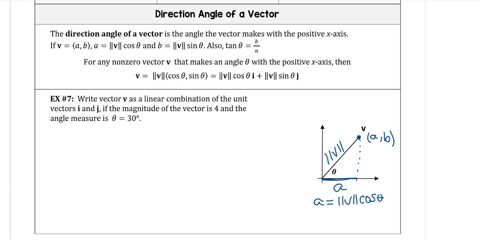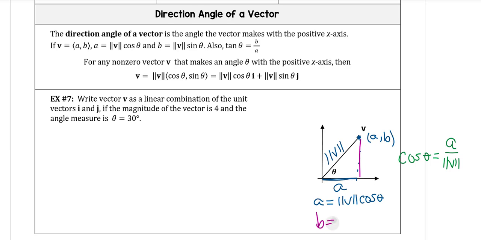The reason for that is that cosine of theta is going to equal the adjacent side, which has length a, divided by the hypotenuse of this right triangle, which is v.